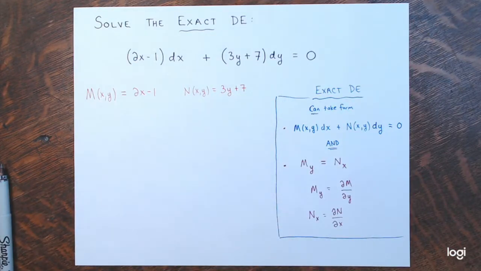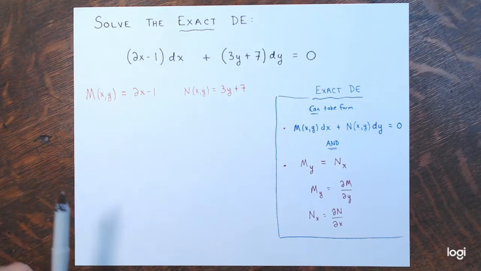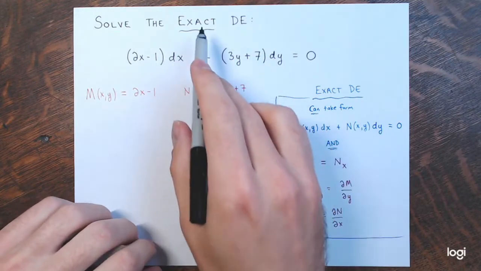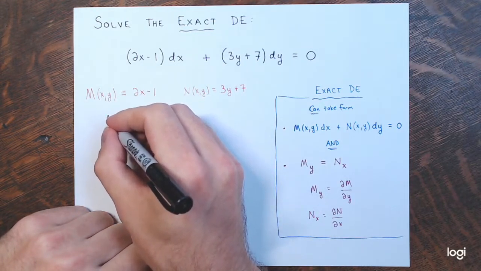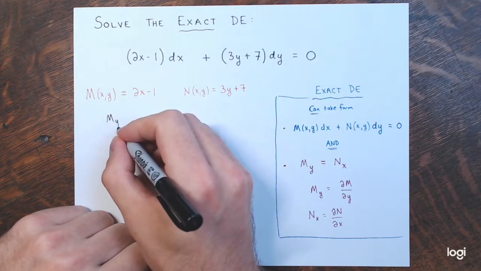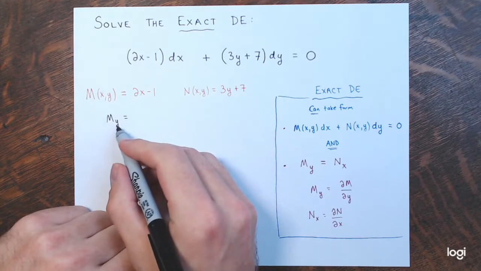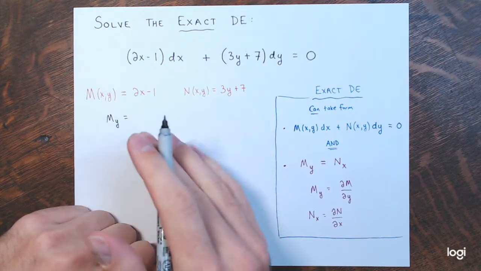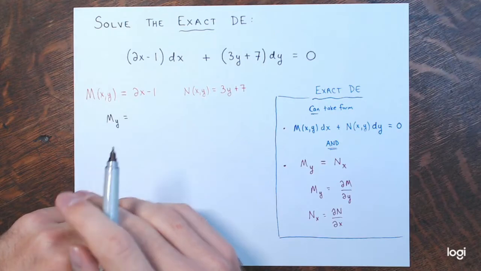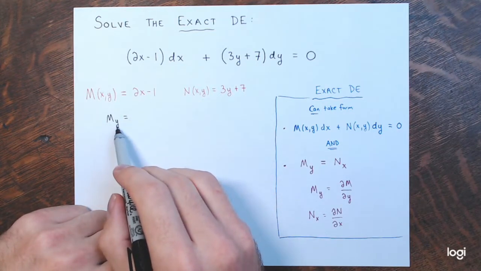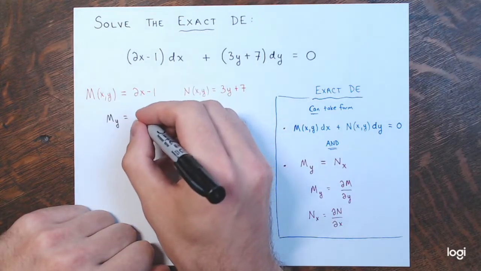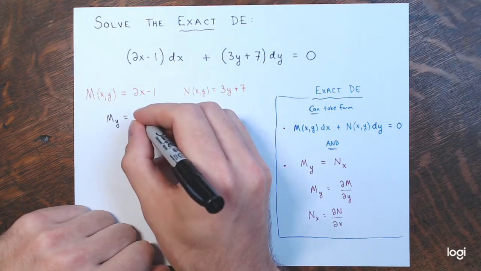And then we can verify that this equation is an exact equation by taking partials, right? Take the partial of m with respect to y. Well, remember that means you treat y as the variable and x and any other variable as a constant. So 2x minus 1 here is basically a constant when we're differentiating with respect to y. So m sub y would be 0.